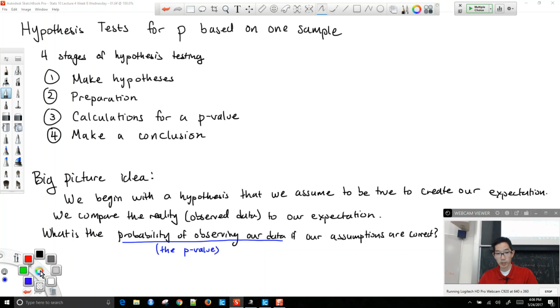And what we said is if the p-value is large, we have no reason to doubt our assumptions.